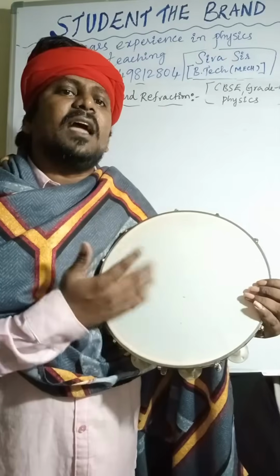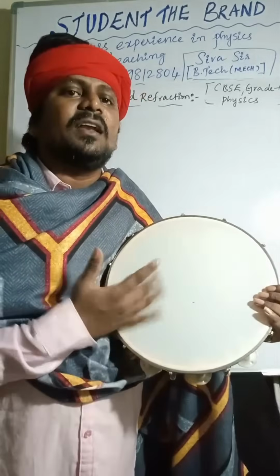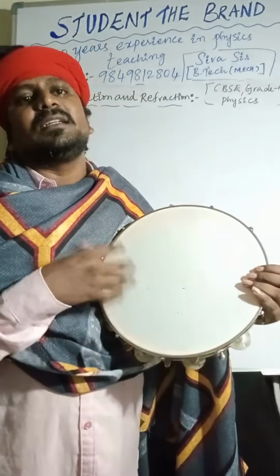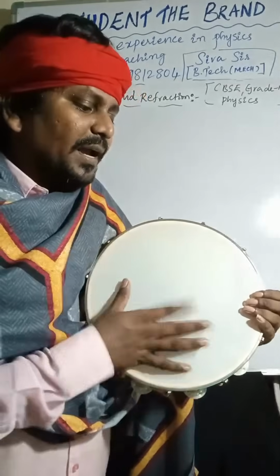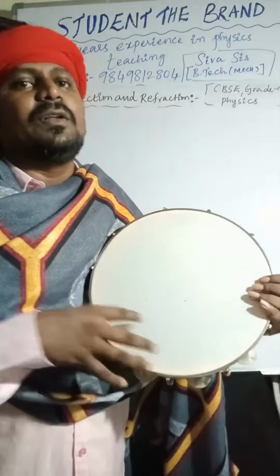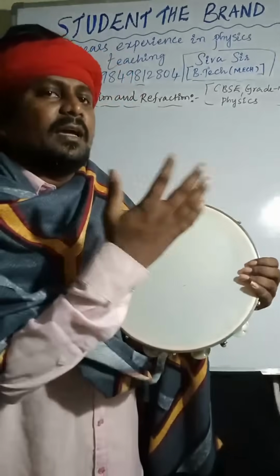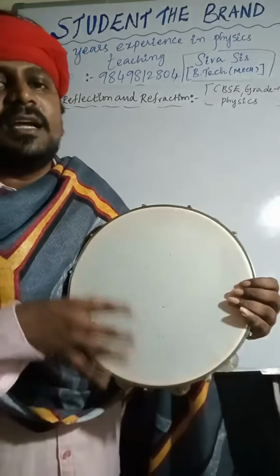New Cartesian sign convention. New Cartesian sign convention. All distance are measured from the pole. Distance are positive along the instant trace.